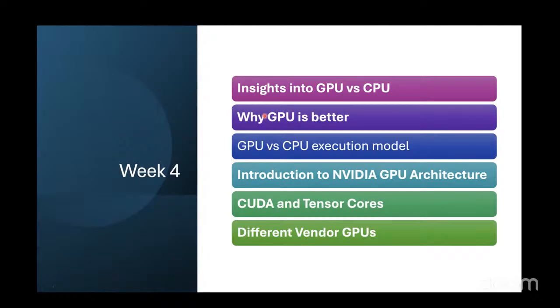If anyone is interested in the NVIDIA CUDA architecture, I will cover CUDA and Tensor Core architecture as well. We will talk about the CUDA toolkit, how to extract GPU information, and what kind of GPU you will be working on. There are various GPUs from NVIDIA, so I will talk about the NVIDIA GPU types as well.